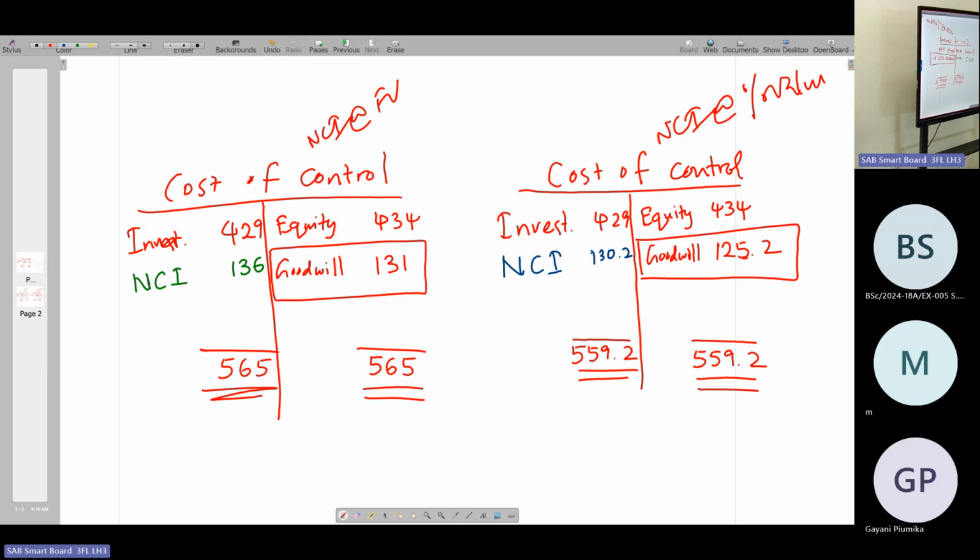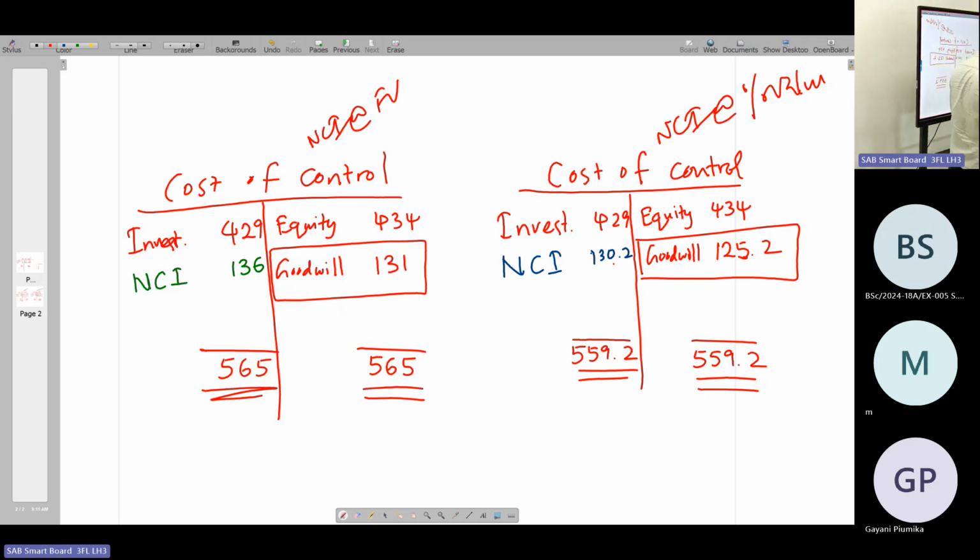In this method, if NCI is measured at fair value, NCI is comparatively higher than this. Here 130.2, here 136. Difference is 5.8 something. That difference is what is seen here, from the goodwill.